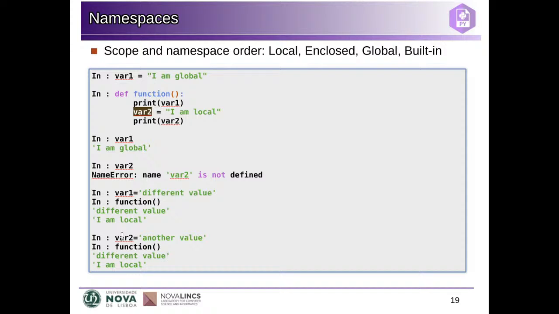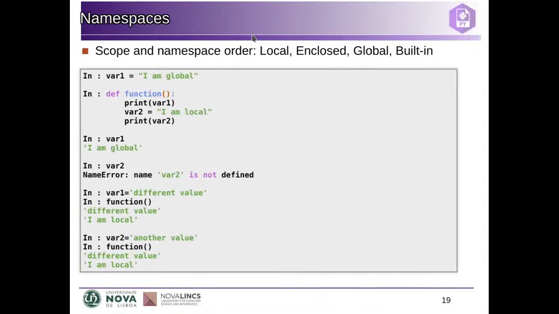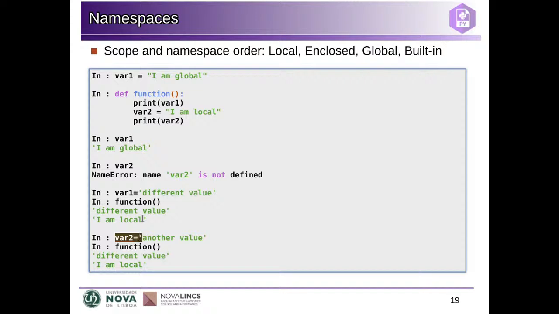So the global namespace has a variable var2. The local namespace inside the function has a different variable that is called var2, but it doesn't matter because it's in a separate space. So this one will not interfere with this one outside, and you can still obtain the value of var2 here, and var2 will not change just because the function happens to have a variable with the same name.